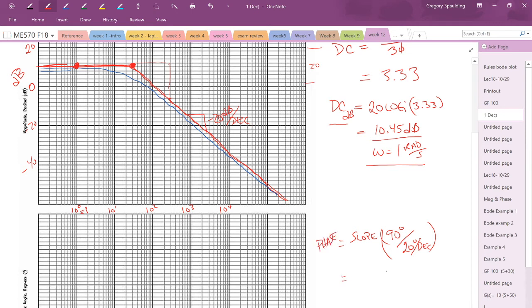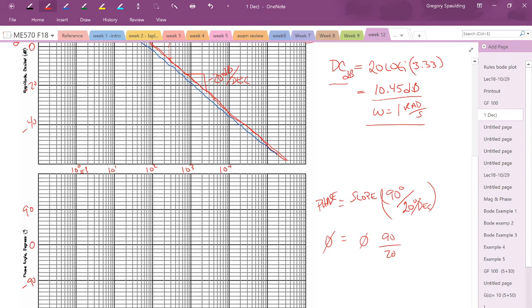In this case, our initial slope is 0. So from negative infinity to 30 radians per second, we've got a slope of 0, and so our phase is going to be 0. And so 90 divided by 20, and this all ends up 0. Nothing new there. So let's label this axis 0, 90, minus 90, and let's go minus 180.